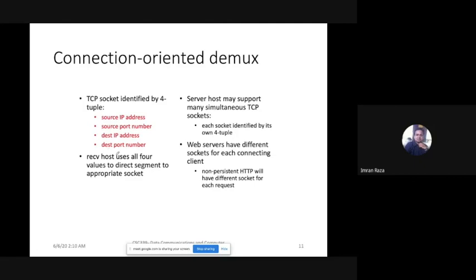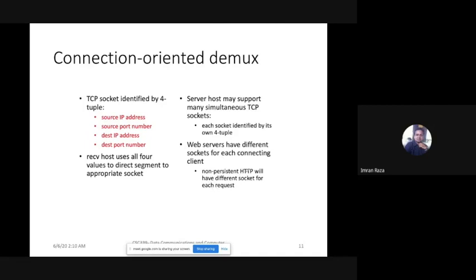Why? Because I can have multiple connections with the other host machine. I can have simultaneous TCP sockets. For example, remember we talked about non-persistent HTTP, in which with every subsequent request we have to again initiate a new connection, right? So non-persistent will have different sockets for each request.